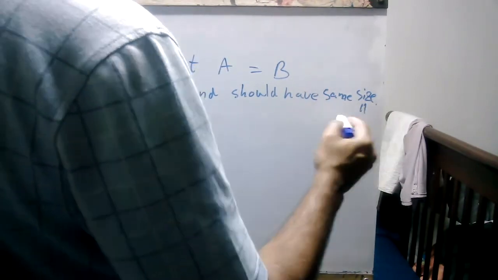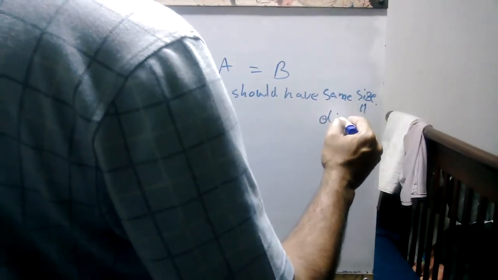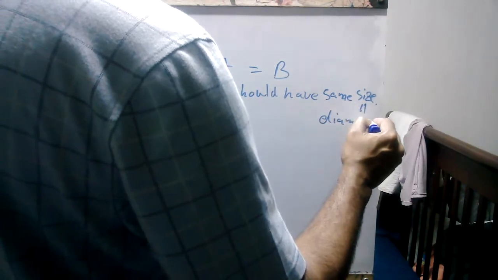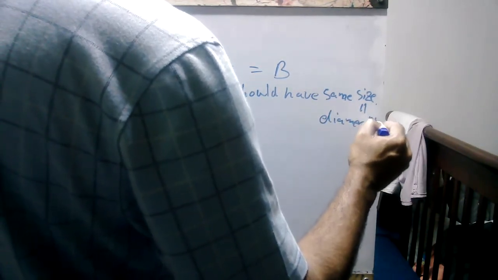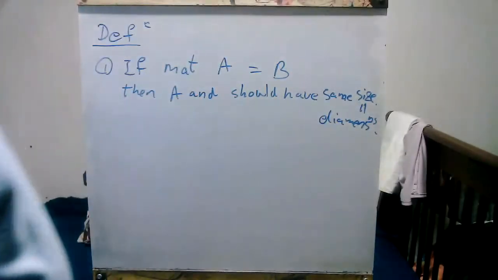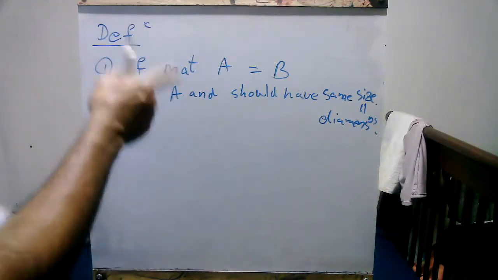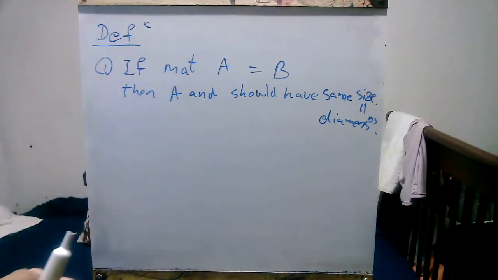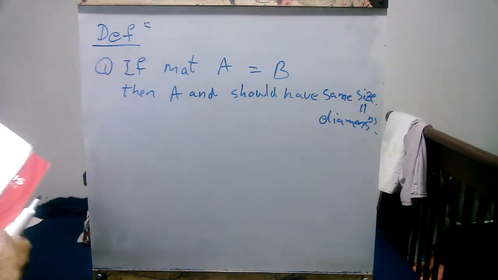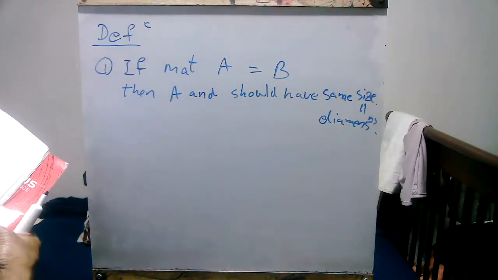They are both the same. If matrix A equals matrix B, then their dimensions should be the same.